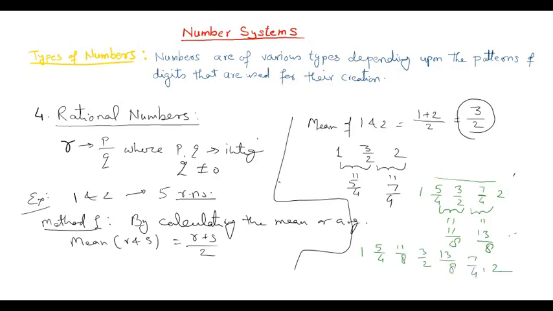So these numbers are the 5 numbers and all are rational numbers between 1 and 2. So we can say we can calculate infinite rational numbers between any two rational numbers.